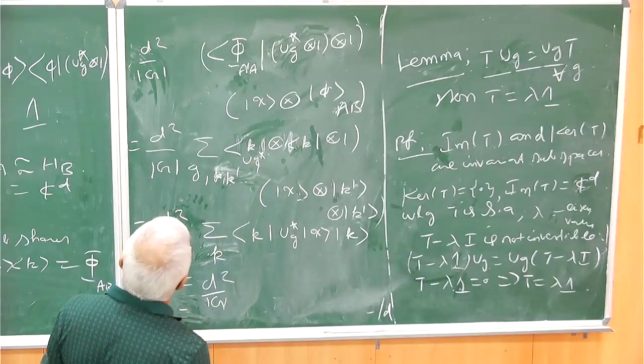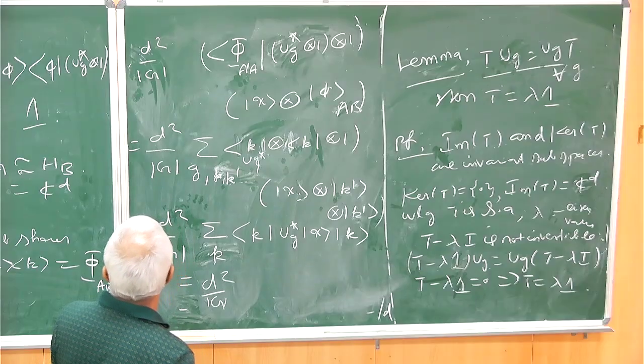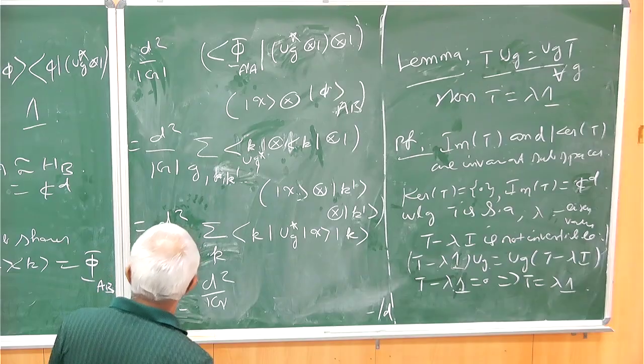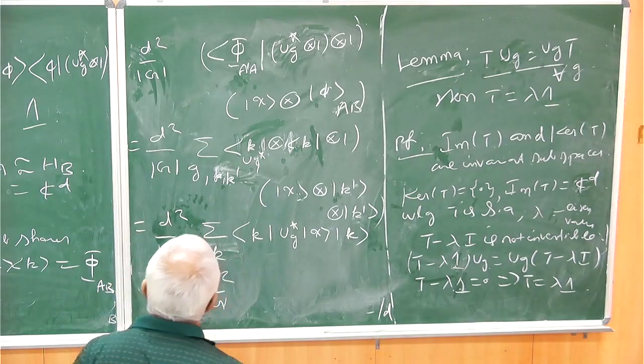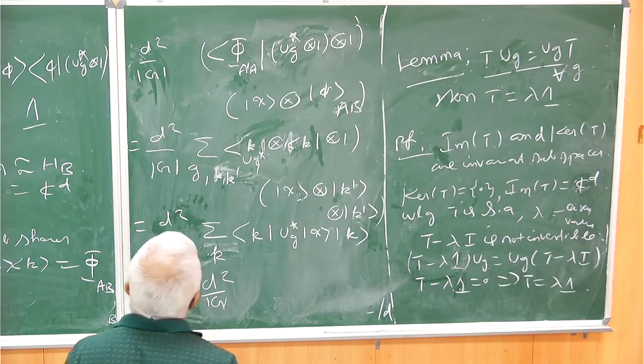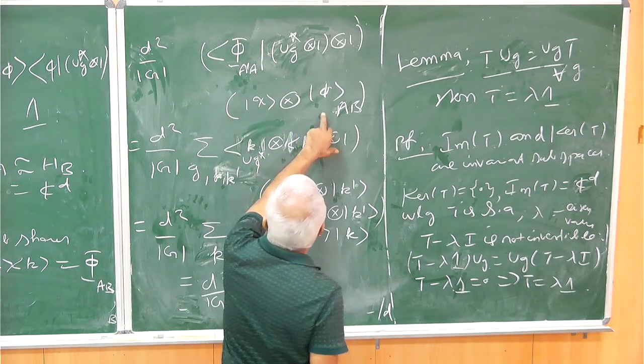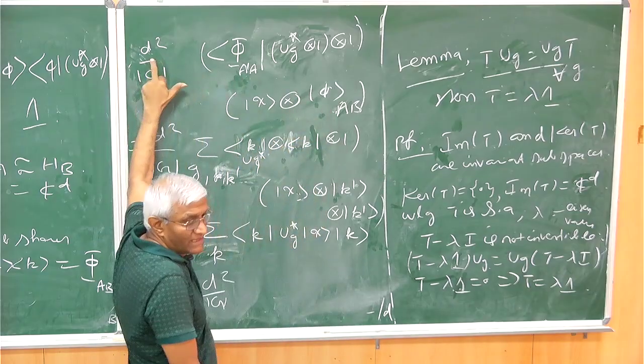Again, there is a d square. I should get 1 by mod g. Second time I'm getting this problem with d square. So you will get a square root of d here, and a square root of d here. That will cancel only one d.